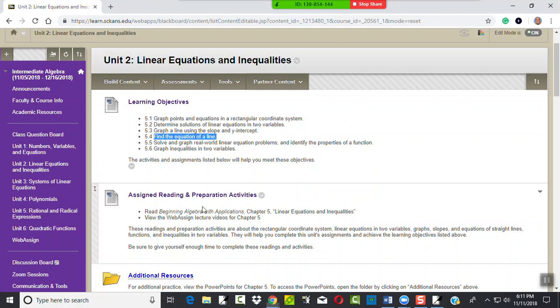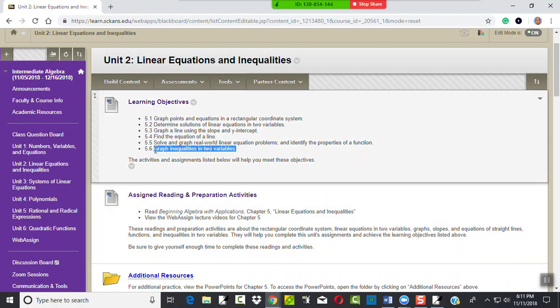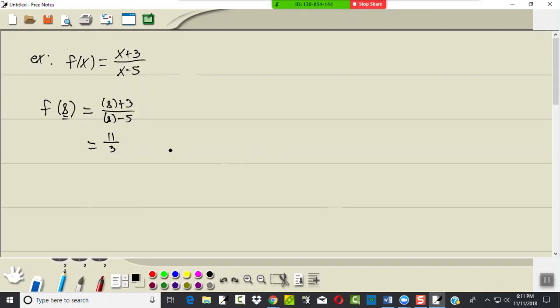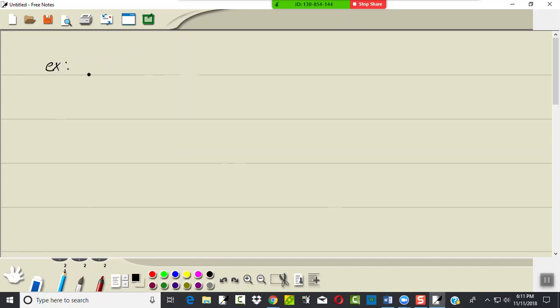Now this last topic is graphing inequalities in two variables. Example: we got y is less than or equal to 2x minus 1. Instead of it being an equals here, we have an inequality.